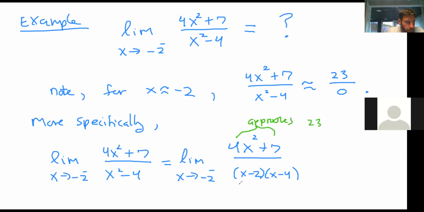But the denominator, what can we say about the denominator? Well, when x is approaching -2 from the left, think about what kind of number it's going to be. If you're to the left of -2, you're like -2.1 or -2.01. And so that means that both factors in the denominator are going to be negative. And what's a negative times a negative? Well, a negative times a negative is a positive.